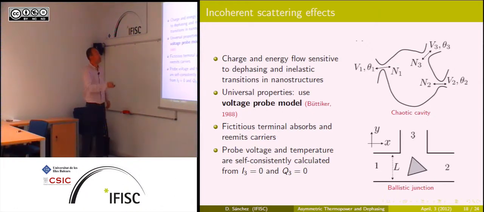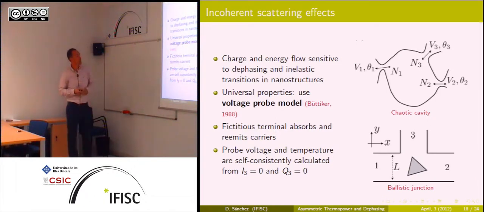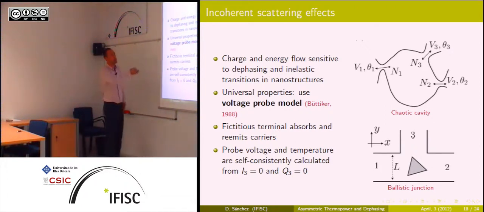So in the late 80s, Büttiker invented the voltage probe model, which consists of the following. Suppose that you have a nanoconductor, and then you have two terminals, two big reservoirs, as before, and now you want to induce some decoherence into your sample. Then you can just add a fictitious terminal. This is not real. This is a purely fictitious terminal with a given voltage and a given temperature.